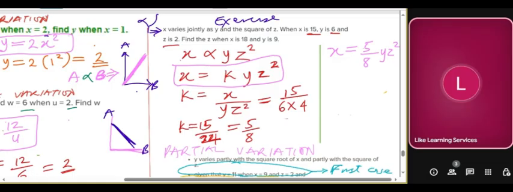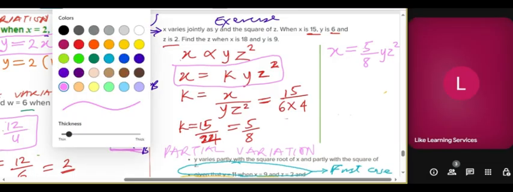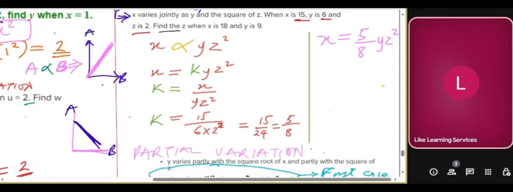Okay, so now it says find z when x is 18 and y is 9. So we just substitute.